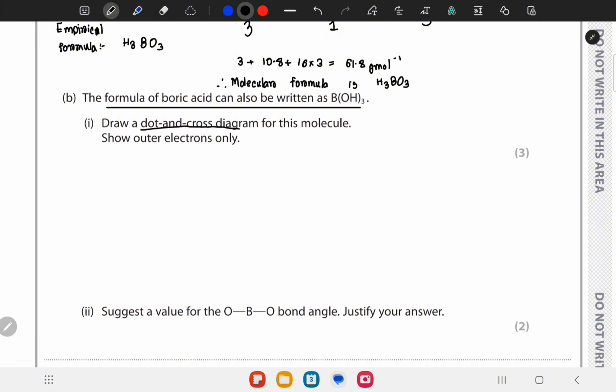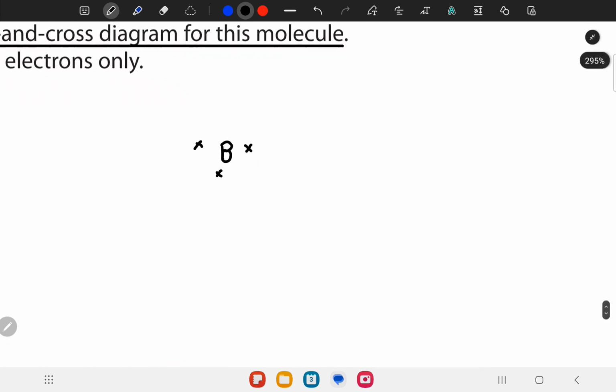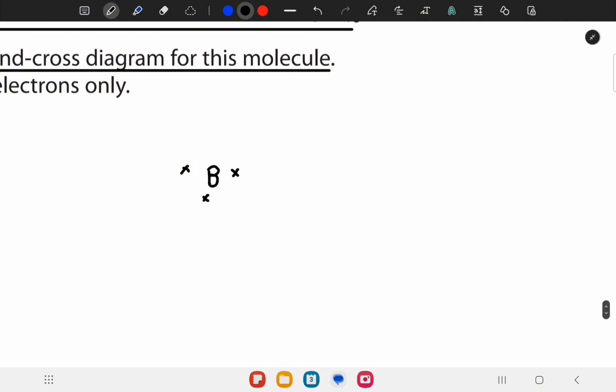Now we are given that the formula for boric acid can also be written as B(OH)3. We have to show a dot and cross diagram for this molecule. So we have the boron. Boron has 3 electrons in its outer shell. It will share them with the OH, so 3 OH over here. I'll consider the oxygen having this. Oxygen has 6 electrons in its outer shell, so 1, 2, 3, 4, 5, 6.